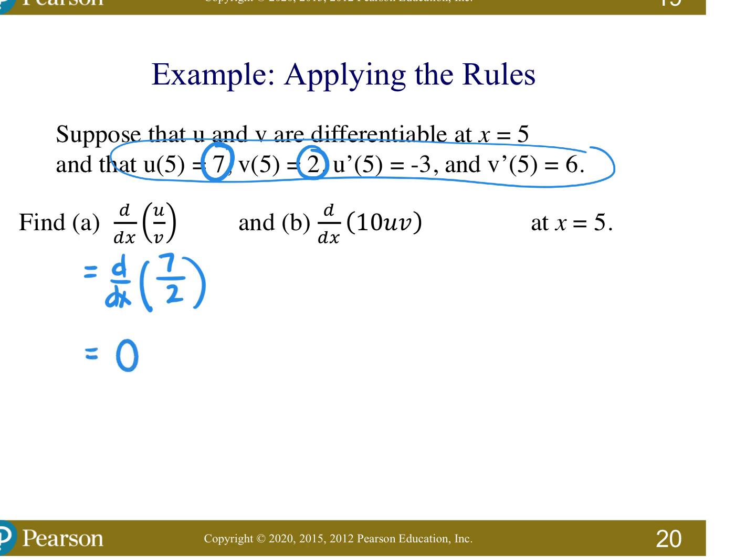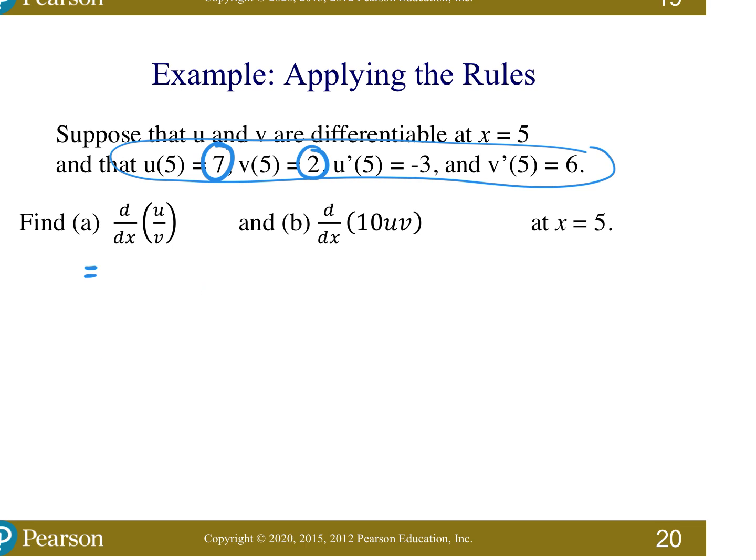That is incorrect. Because you're plugging in your numbers before you do the rule. The rule has to come first, and then you plug in your numbers, okay? The calculus rule always has to be applied before you plug in any values. So we're going to go back and say, no, that's not the right way to do that.